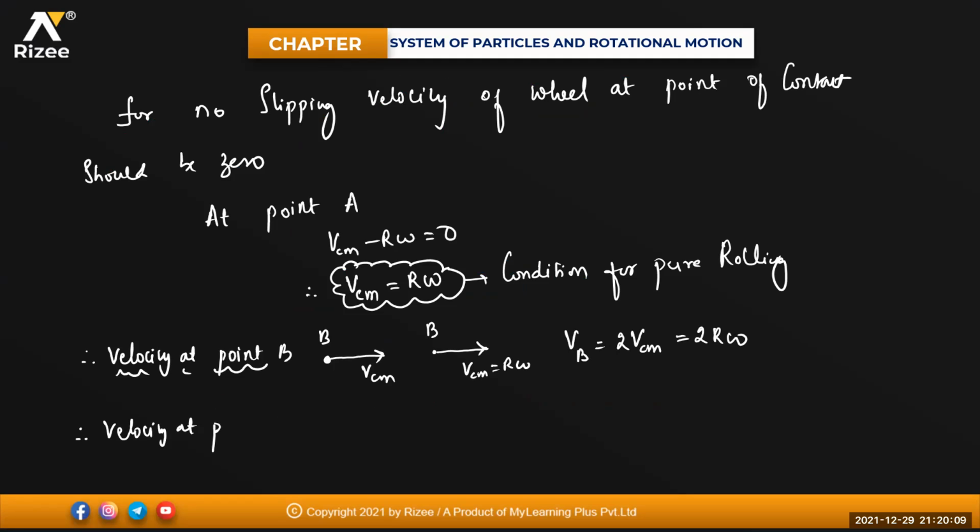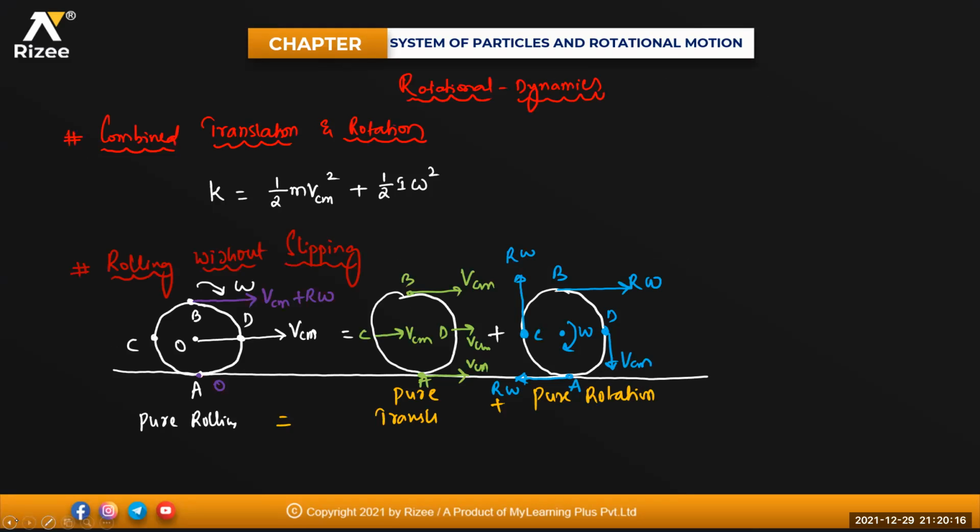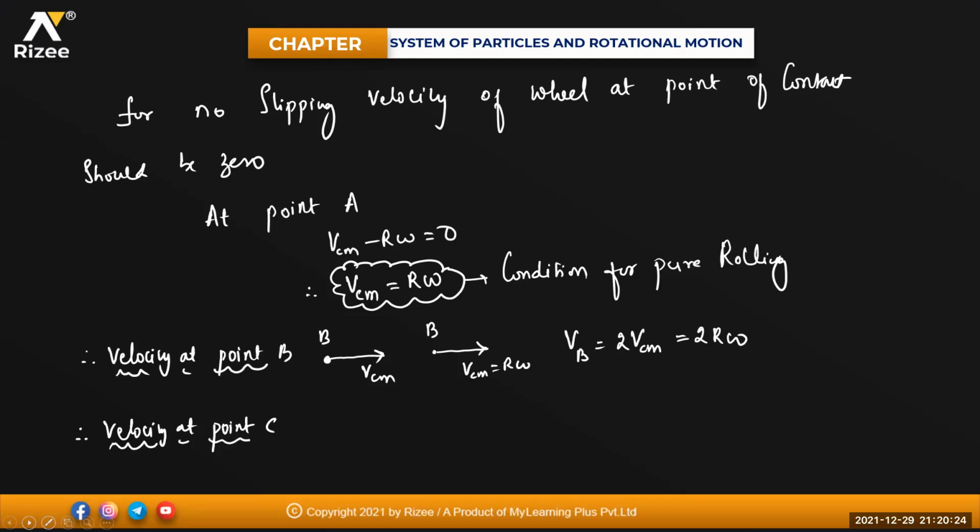Same way, the velocity at point C. See the point C, beta? Where is the point C? Here. For this one, the translational velocity is in this direction, and at point C the velocity due to pure rotation is in the upward direction. Both of them are perpendicular, isn't it? So one velocity is in this direction at point C, VCM, and another one is in the upward direction, which is also VCM.